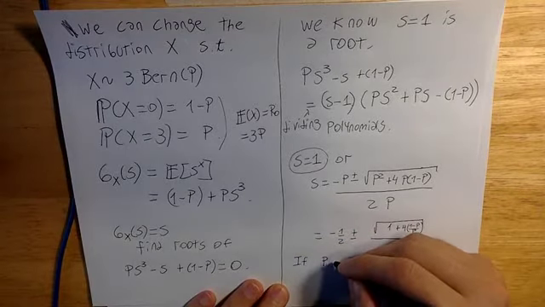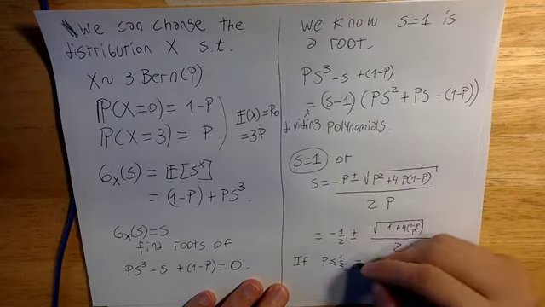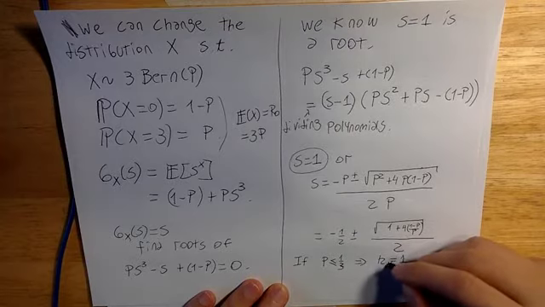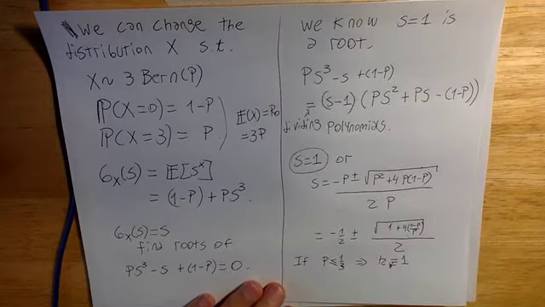So if p is smaller or equal than a third, then eta star, which is the probability of extinction, is equal to 1.